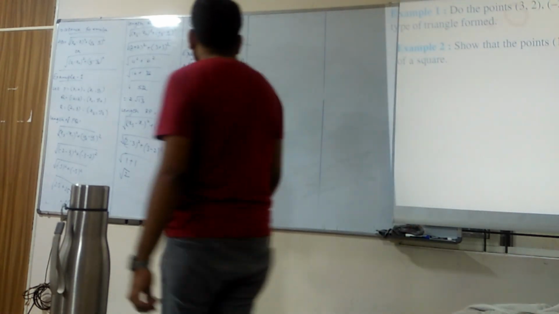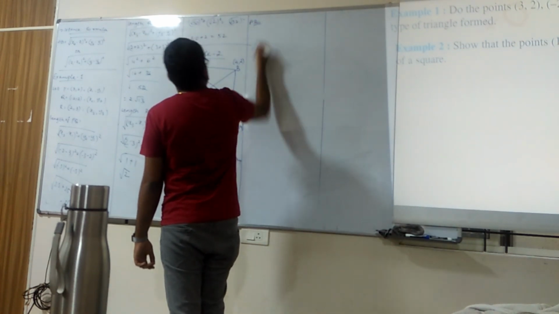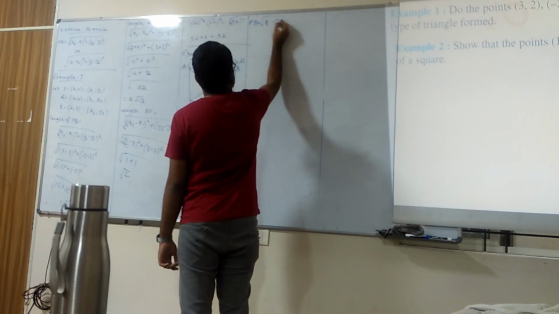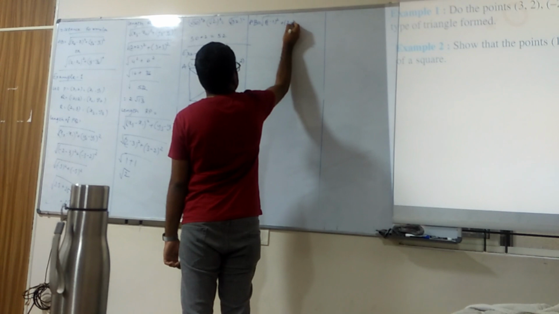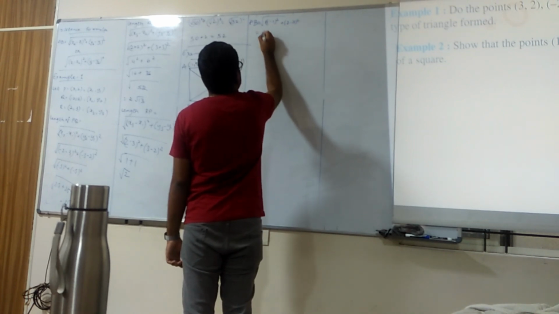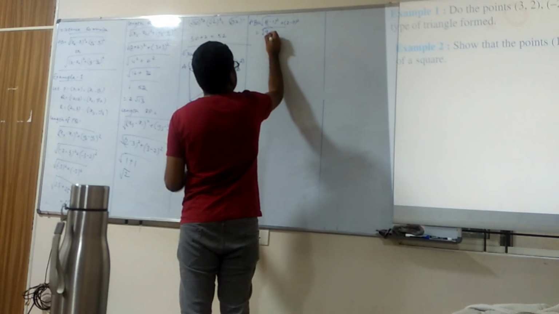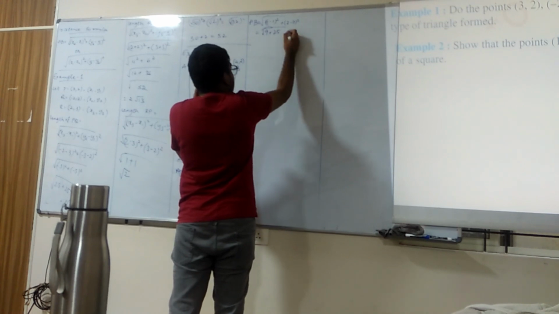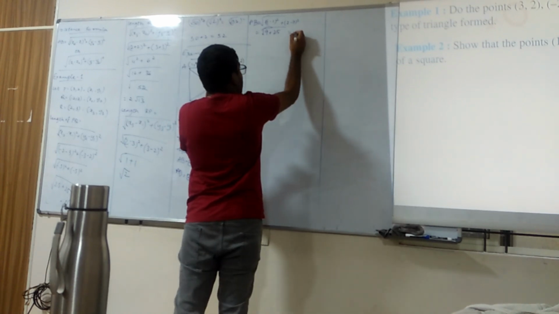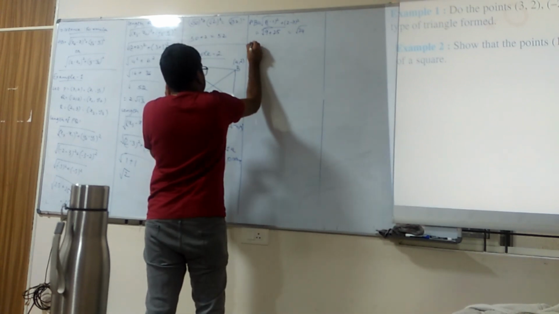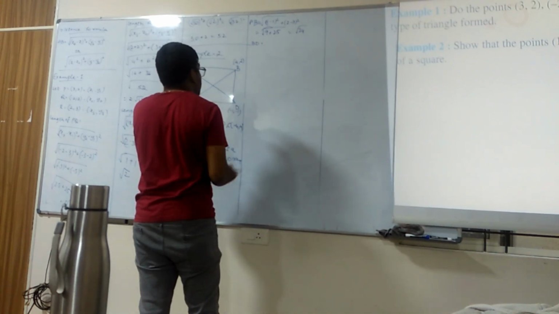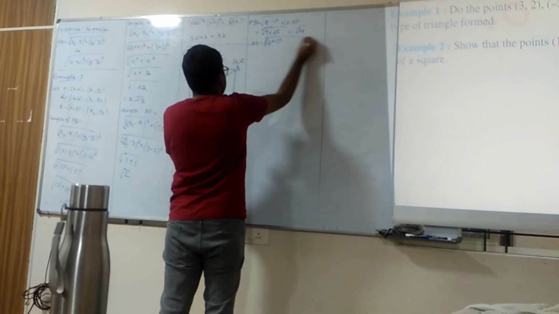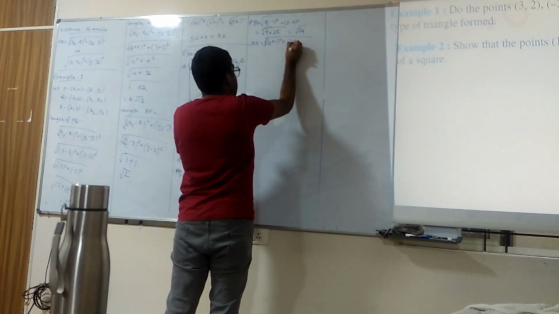Find AB value. AB is how much? Root of (4 minus 1) whole square plus (2 minus 7) whole square. This will be root of 3 square is 9 plus 2 minus 7, how much? 5. 5 square is 25. 25 plus 9, root 34. Let me find BD value. What will be my BD value? Root of (4 plus 1) whole square plus (2 plus 1) whole square.